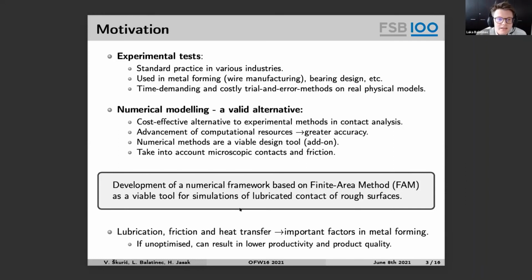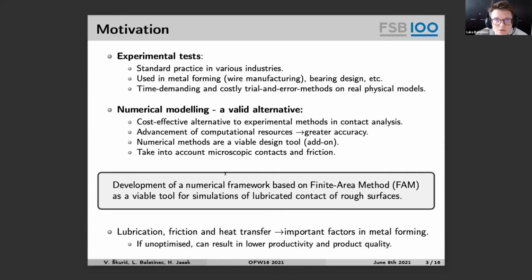On the other hand, numerical modeling emerged as a cost-effective alternative, and with the advancement of computational resources and the development of more complex numerical contact models, greater accuracy was achieved. This means that numerical methods became a viable design tool, or can be used as an add-on to existing tools to better focus on microscopic contacts and friction.